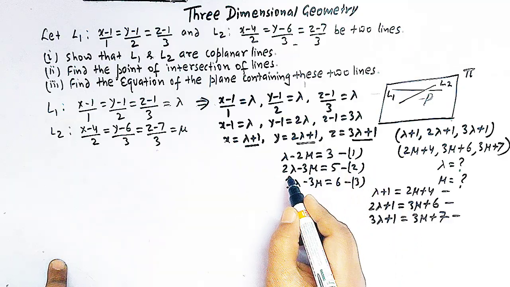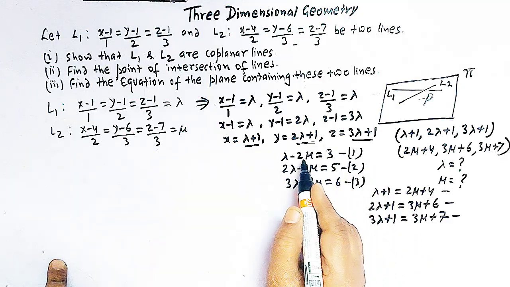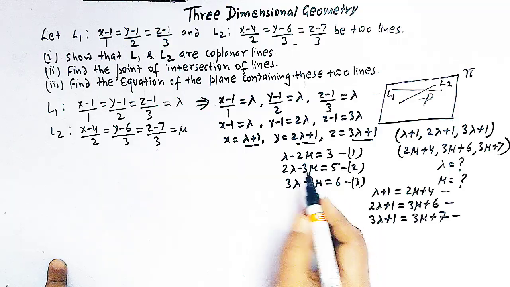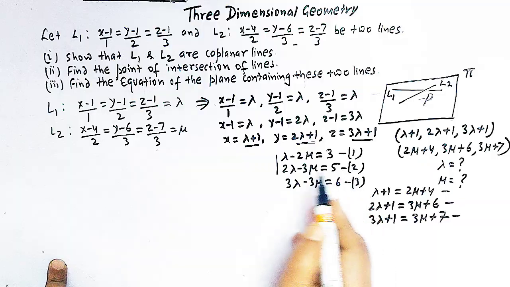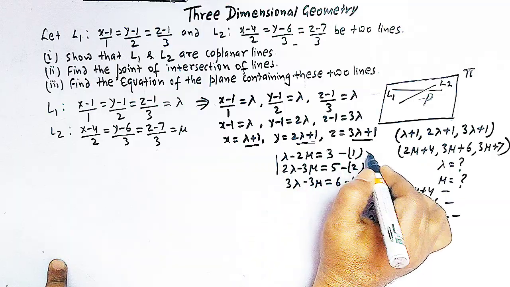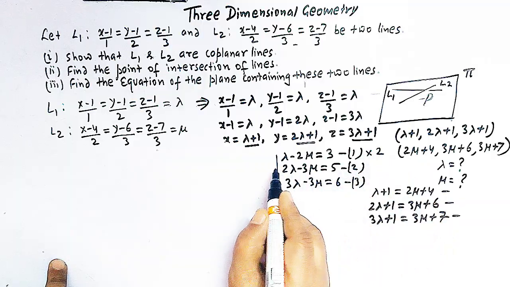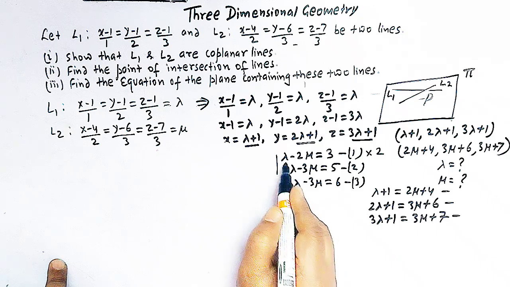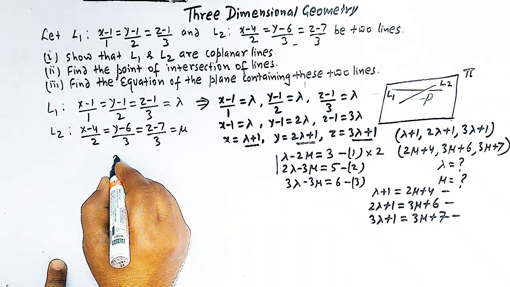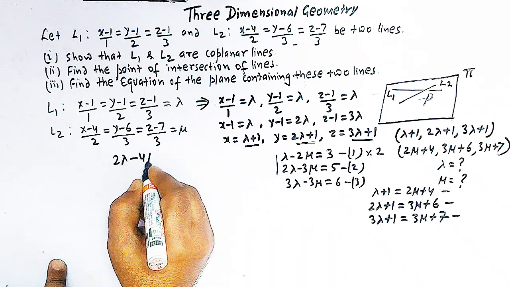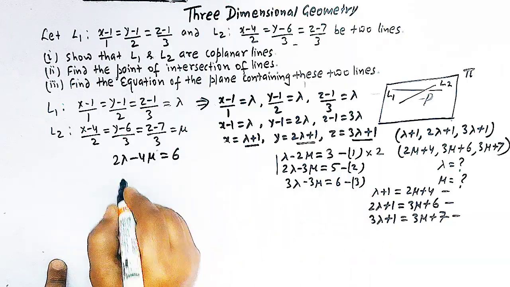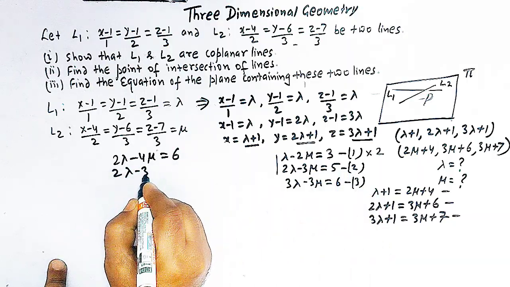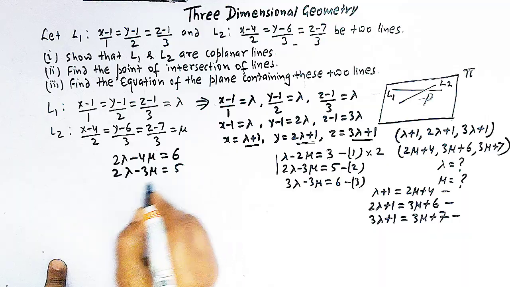It is up to our choice to solve the two equations. Here we can select equations 1 and 2. If we multiply equation 1 by 2, we can equate the coefficients of lambda. So we have 2 lambda minus 4 mu is equal to 6, and here we have 2 lambda minus 3 mu is equal to 5.